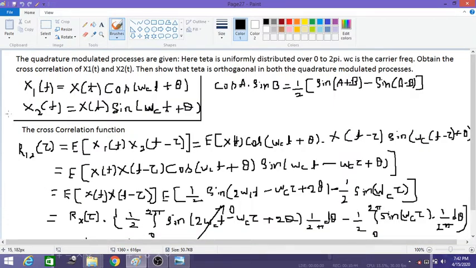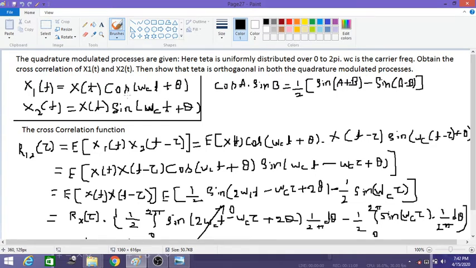The next example is that the quadrature modulated processes are given. Here theta is uniformly distributed over 0 to 2 pi, and omega c is the carrier frequency. It is asked to find the cross correlation of x1 of t and x2 of t, then show that they are orthogonal in both quadrature modulated processes.